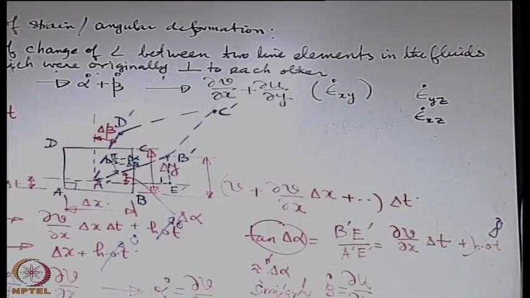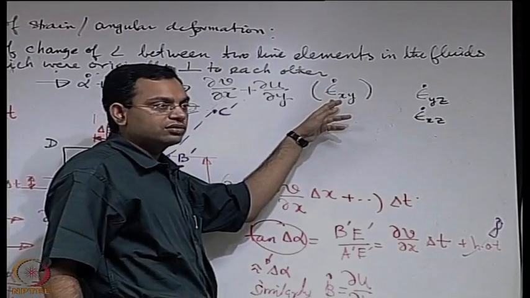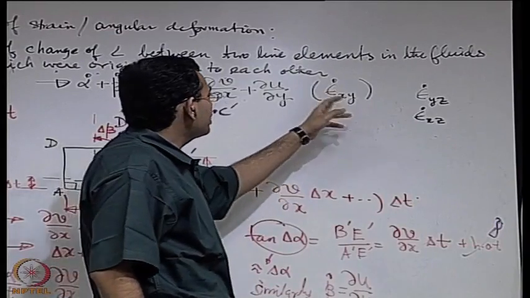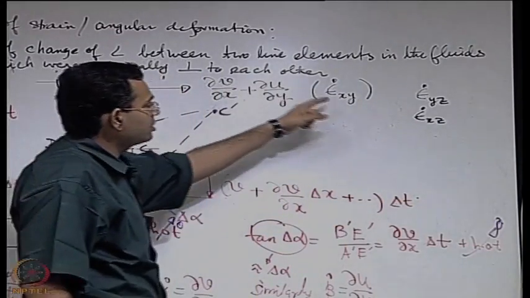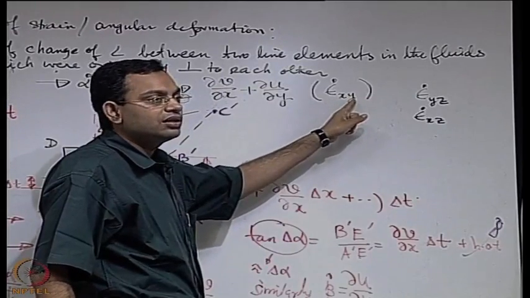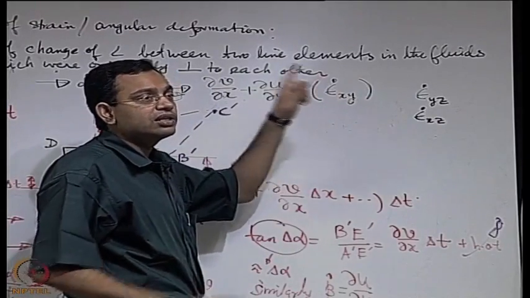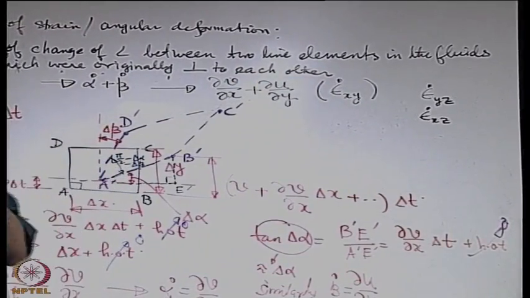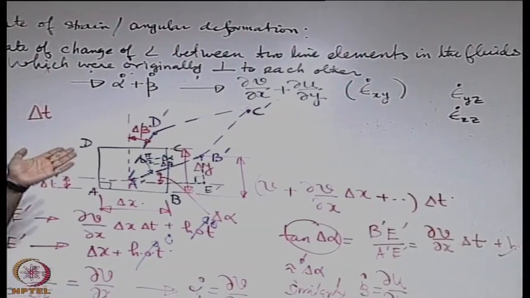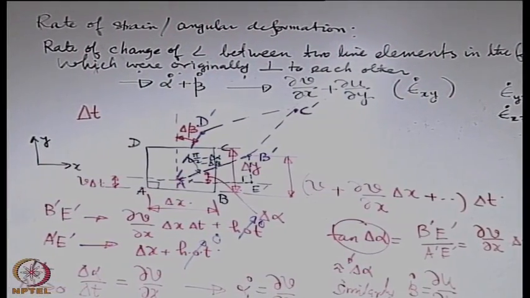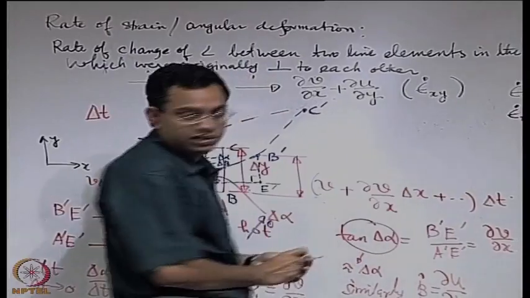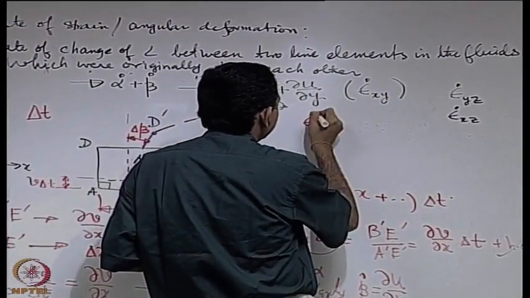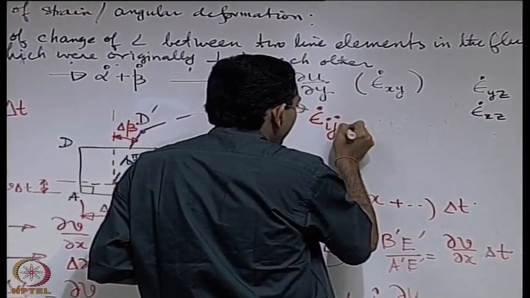You see that specification of this epsilon dot requires two indices. So, what are the indices? The indices are the coordinate directions along which your original line elements were oriented, and now because of deformation those line elements are not oriented anymore along those directions. So, if you want to write it in an index notation, say if you want to write now it as epsilon dot ij, how will you write it?